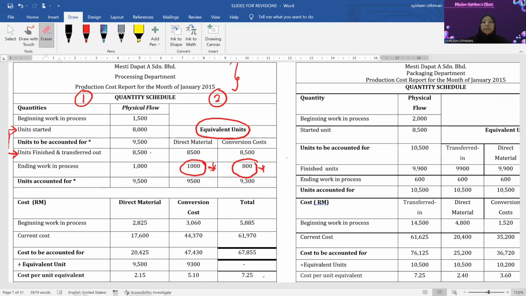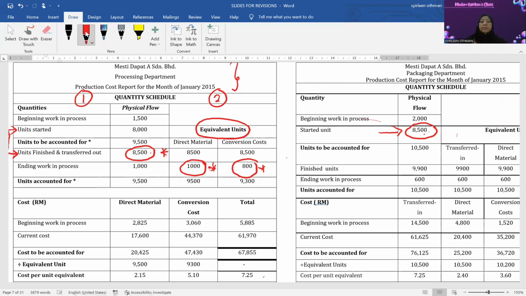Okay, so in the started unit di department 2 ni, 8,500 ni, is actually your unit finished and transferred out. So dia dah siap di department 1, dia will be transferred to the next department. So di the second department tu dia akan jadi unit started. So this 8,500 is actually taken from here.